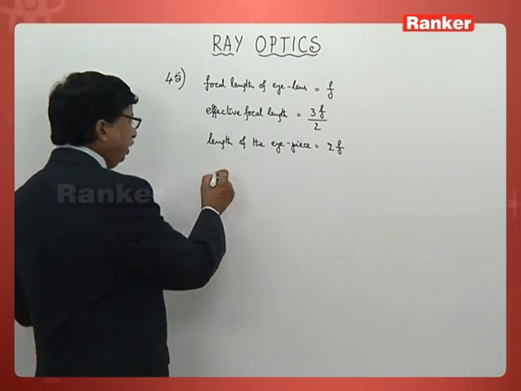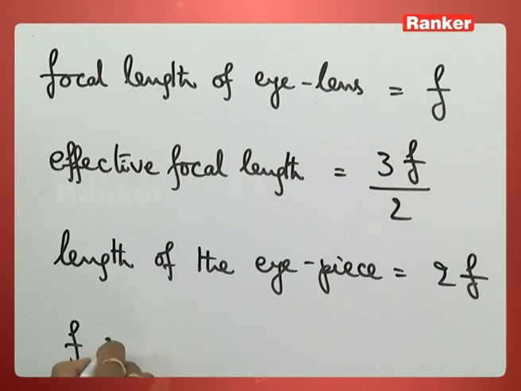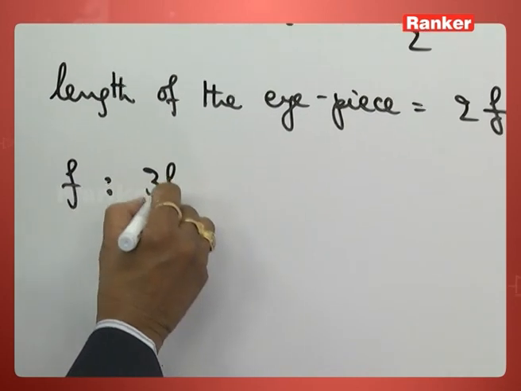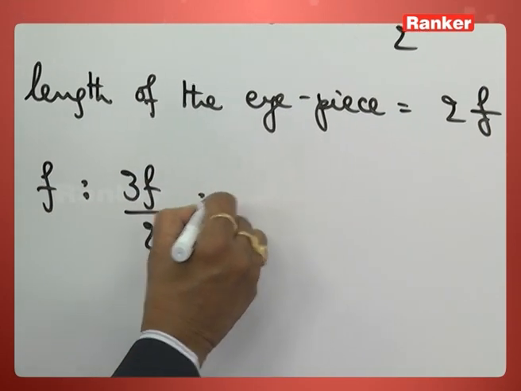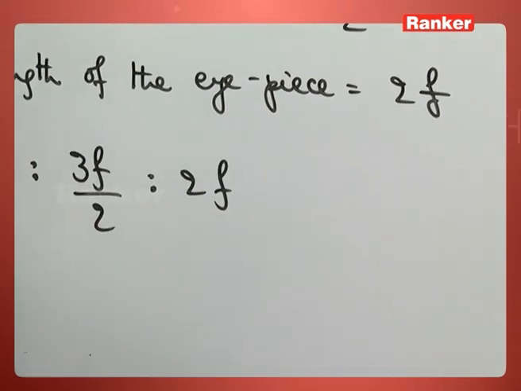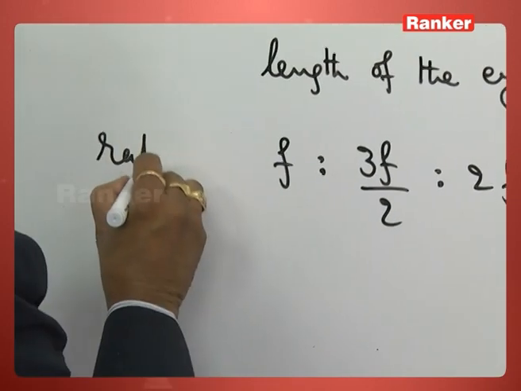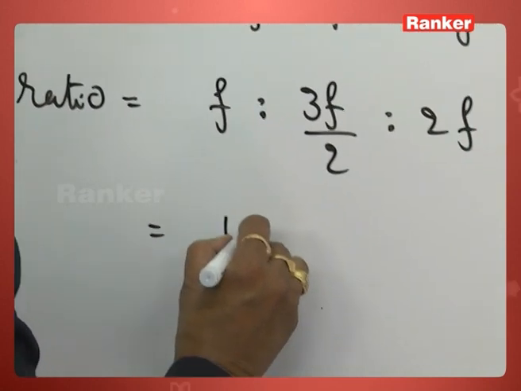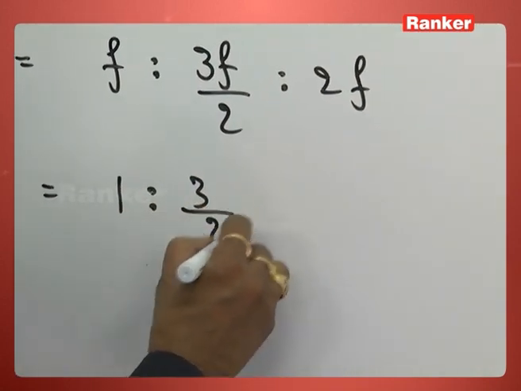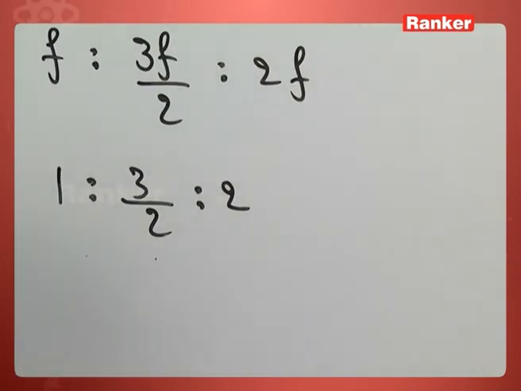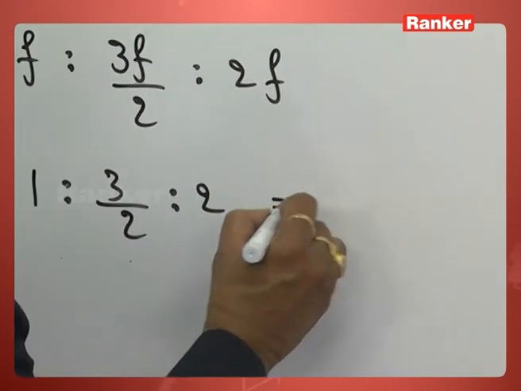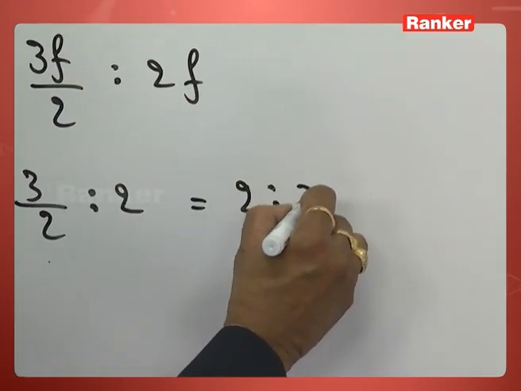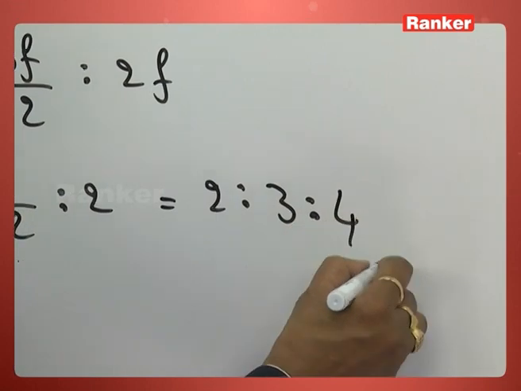So what will now be the ratio, please? f is to 3f/2 is to 2f. That is the ratio he is asking us to write. This can be written as 1:3/2:2. So directly you can write it as 2:3:4.